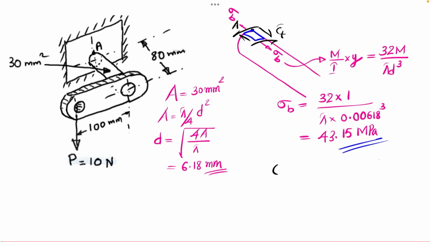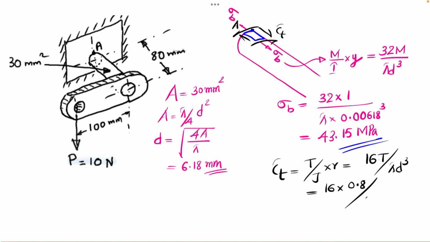Next we will be evaluating the effect of the torsional shear stress tau, and here also we can use the expression T by J into R for the maximum R. Then we have the simplified equation 16T by pi d cube from the data book. So here I can substitute 16 into torque 0.8 Newton meter divided by pi into d cube, which is 0.00618 cube.